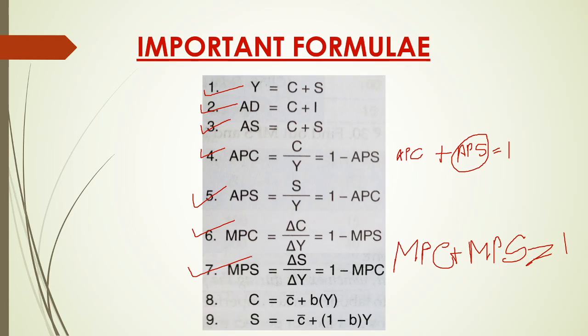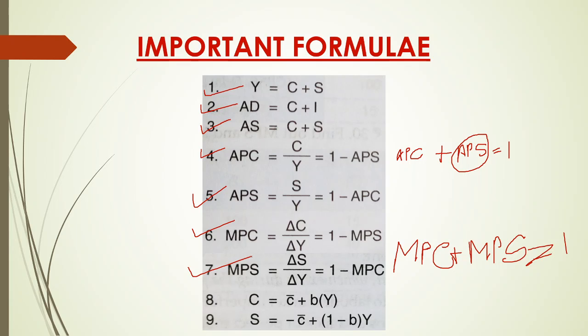Now students, the last two formulas. Number 8 is C equal to, this is the consumption function. The consumption function is equal to small c bar, this is autonomous consumption, plus B Y, where B is MPC and Y is the income.